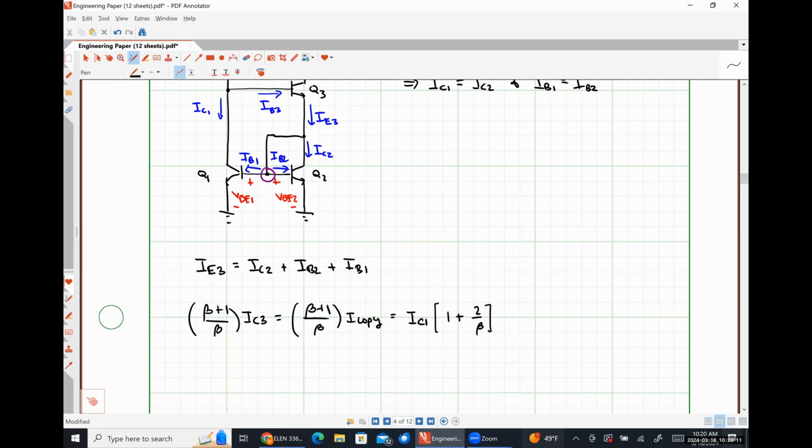This IB1 is IC1 over beta. And this IC2 is just IC1. So we all okay with where that came from?